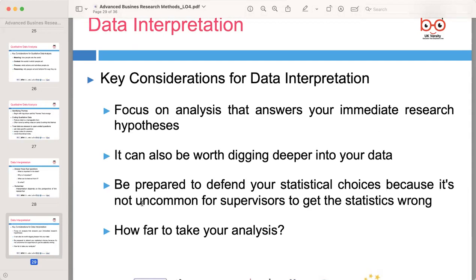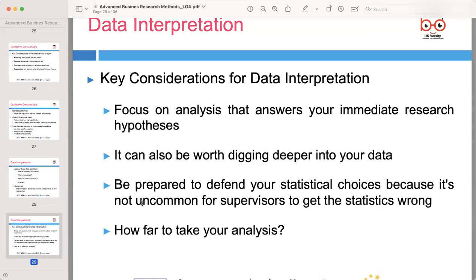When interpreting data, it is important to stay focused on the specific research questions or hypotheses you aim to address. This will help you avoid getting lost in the sea of data and ensures your analysis aligns with your research objectives. It can also be valuable to dig deeper into your data.